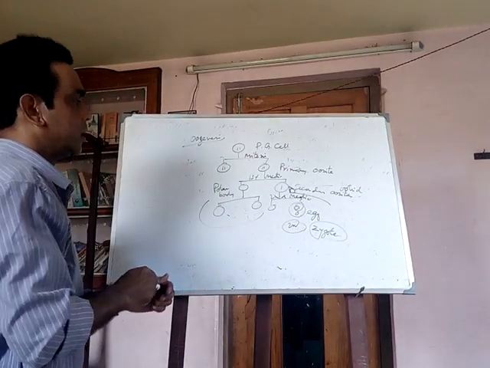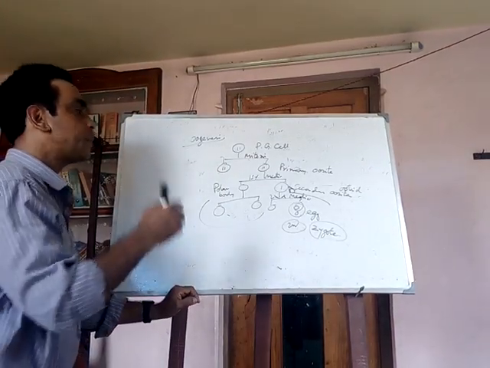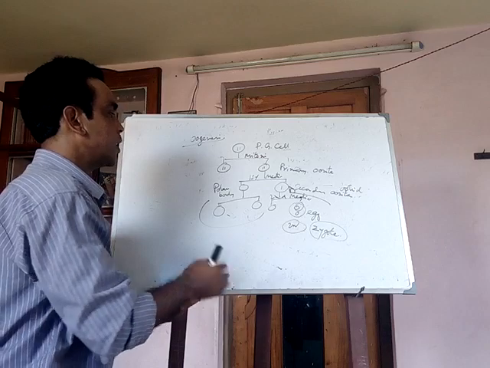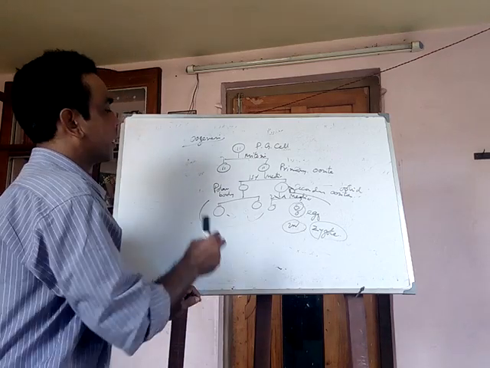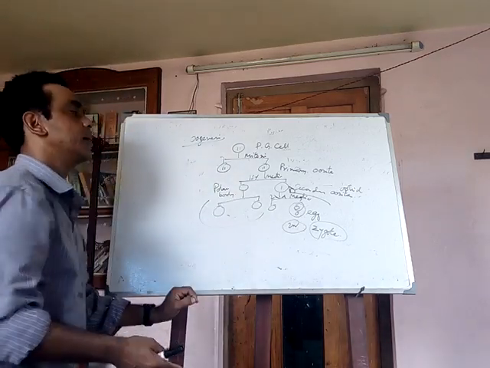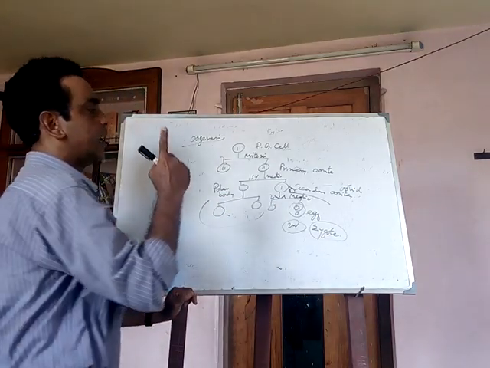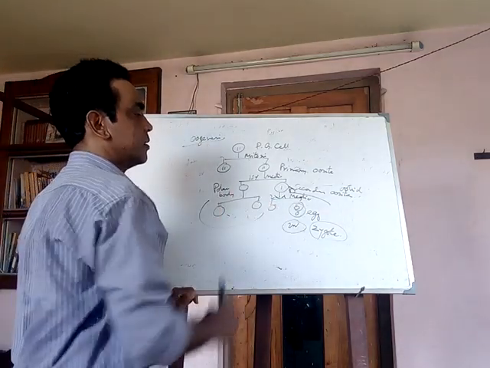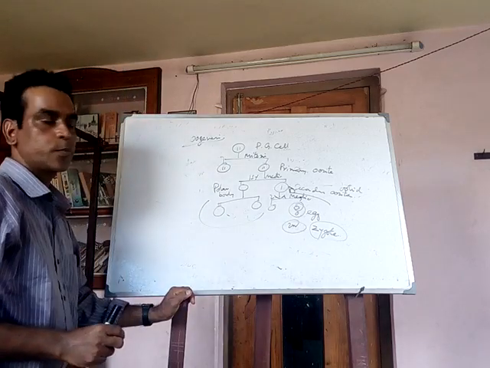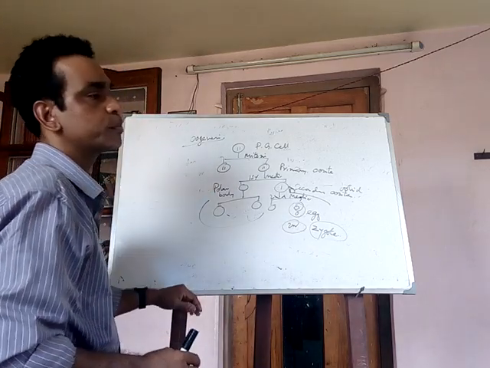In spermatogenesis no polar body is found, whereas in oogenesis polar bodies are found and only a single egg is produced.